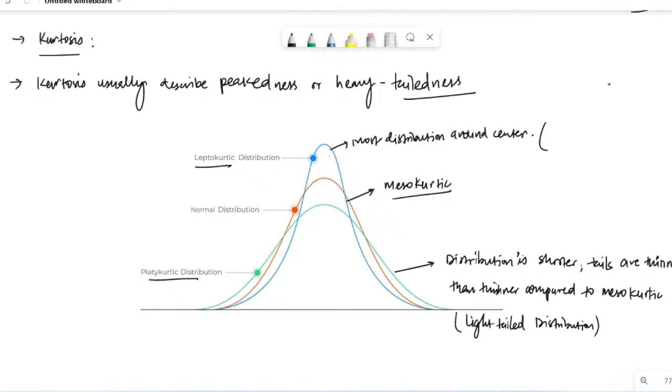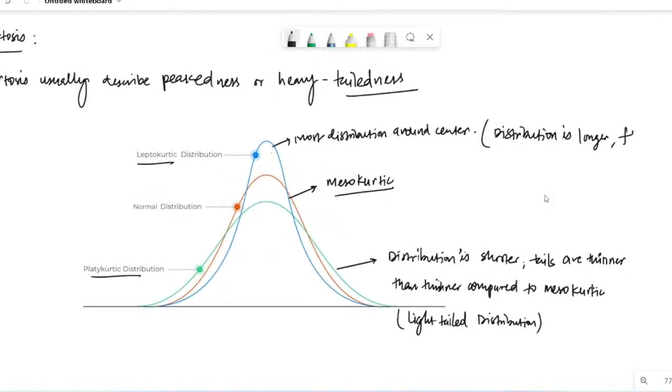In your leptokurtic, the distribution is longer and the tails are fatter in this case. Thinner tails are not there, but rather we have fatter or heavy tails.